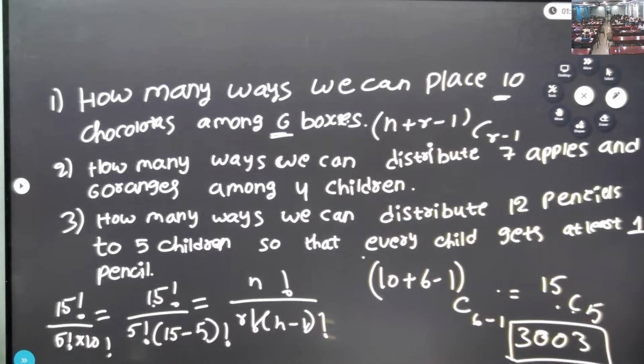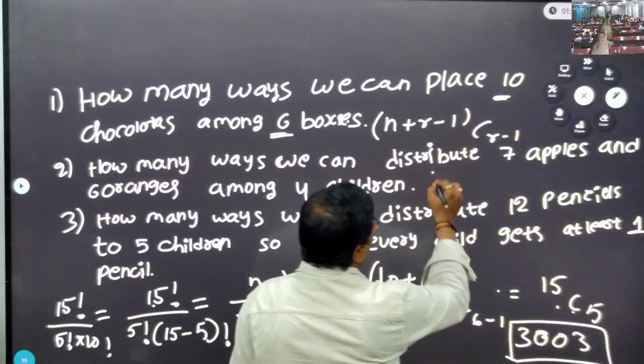The n value is 7, r value is 4. So 7 plus 4 minus 1 C 4 minus 1, that is 10C3.